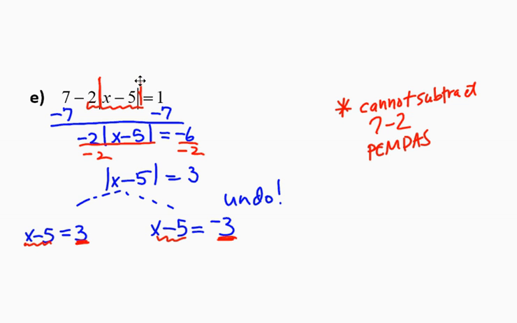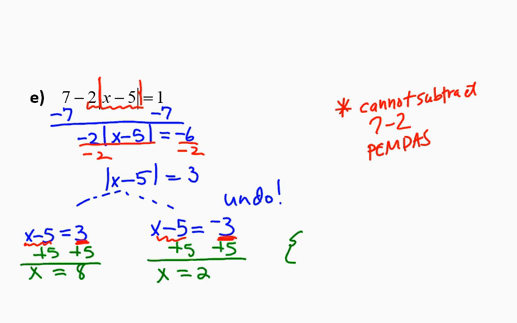So once I get here, I'm ready to solve. So I will plus 5, and I'm going to get that x is equal to 8. And over here, I'm going to plus 5, and I'm going to come up with that x is equal to 2. So my answers then are going to be 2 and 8.